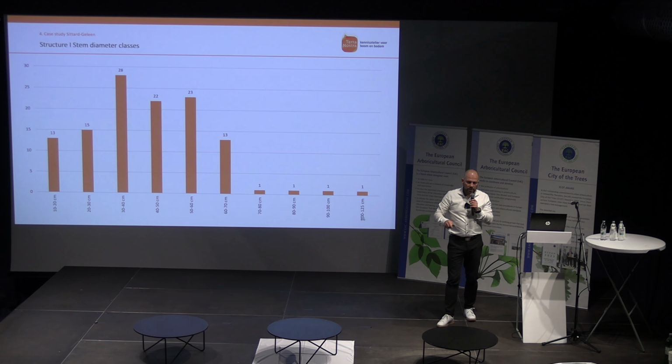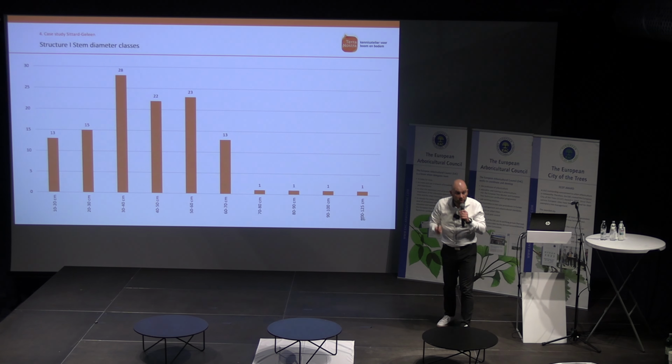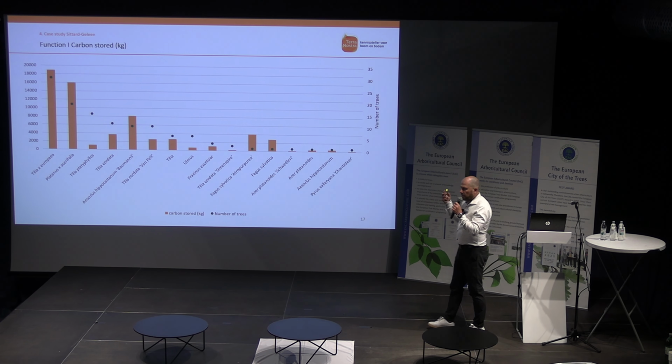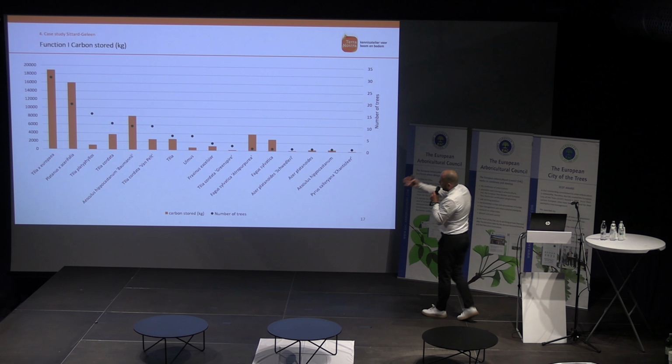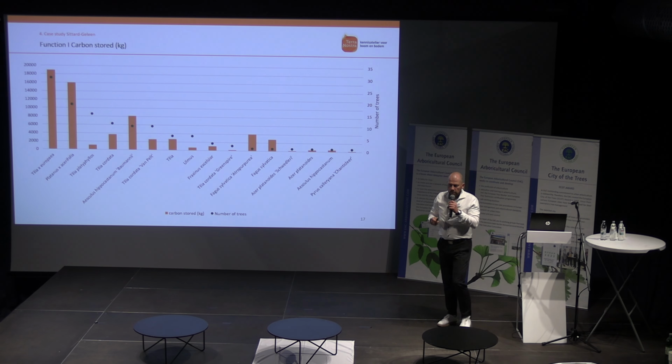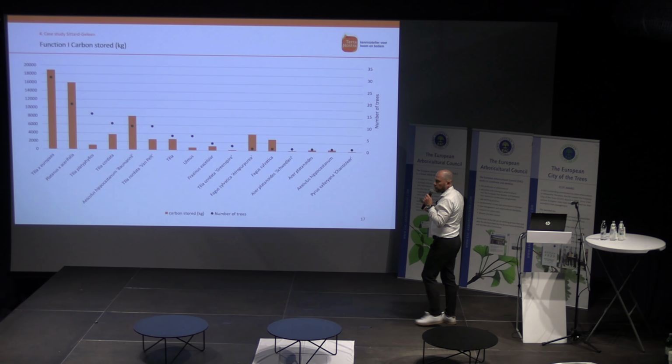And it gets interesting when we are looking at the function of these trees. So when we look at the function of the trees, we get the information of, in this case, the species. What we see on the left side is the total stored carbon per tree species, and on the right side the number. And we see already some interesting information.